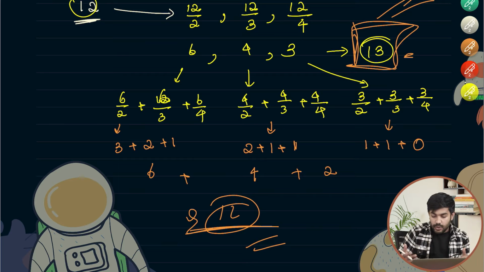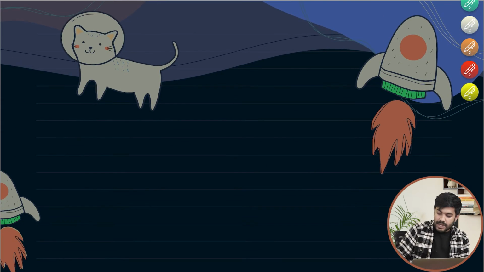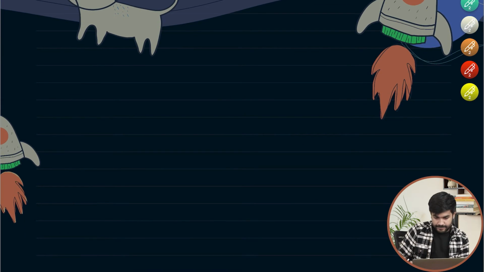So what we can do instead is start building from the back, like the value of 0. There is no point in breaking down the 0. The value of 0 is 0. The value of 1 is, if we break 1, then it would be less.